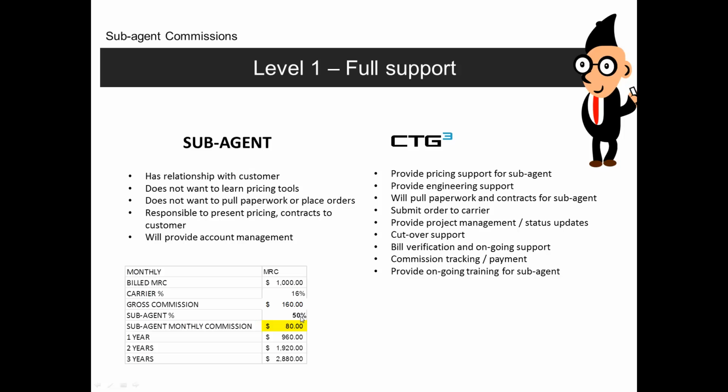The subagent is at the 50% level, which results in a commission payable of $80 per month, which would come up to $960 over 1 year, $1,920 over 2 years, and $2,880 over 3 years. This is the level 1 full support model.